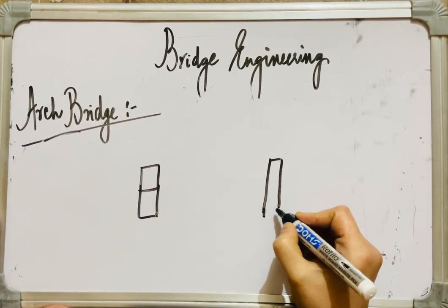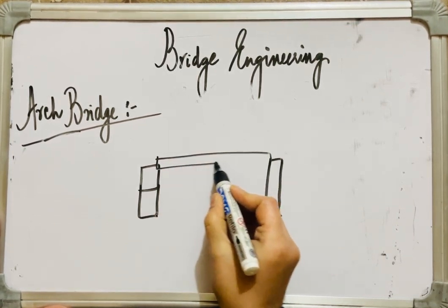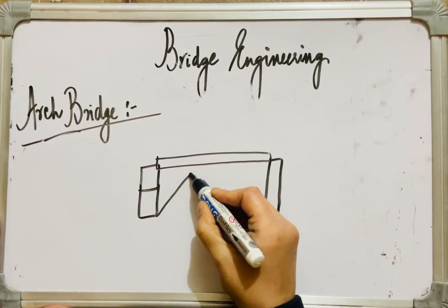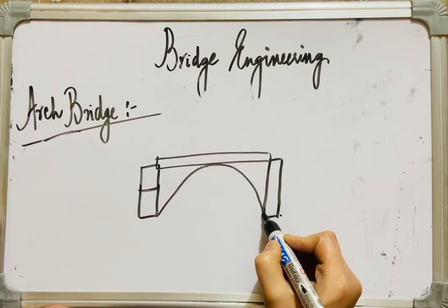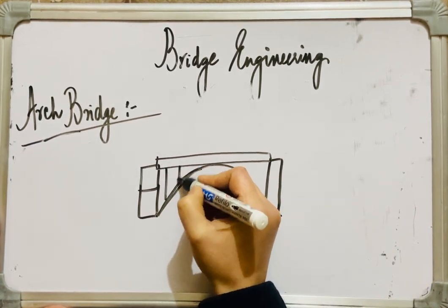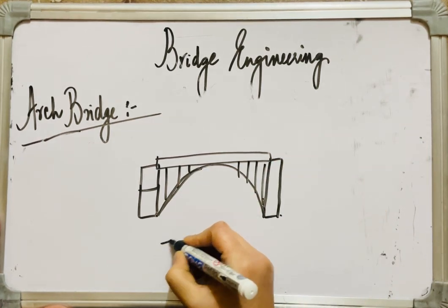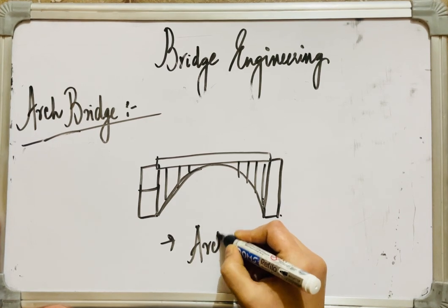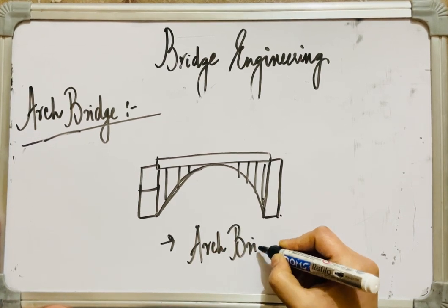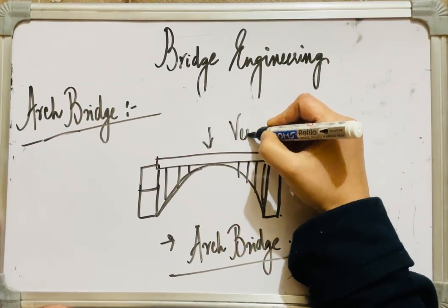All right. It's essentially the basic form of an arch bridge, wherein one arch has been incorporated to support the vertical loads coming from the bridge deck.